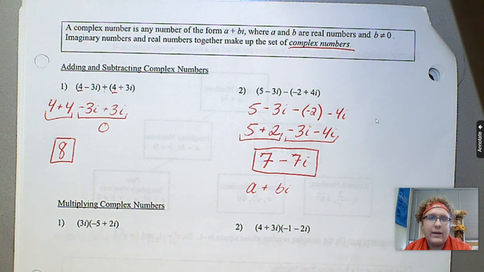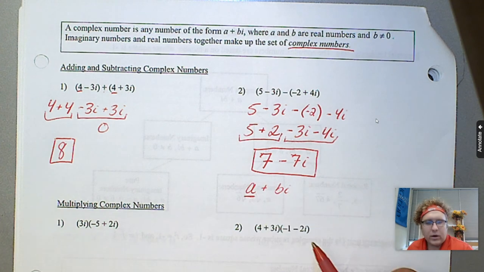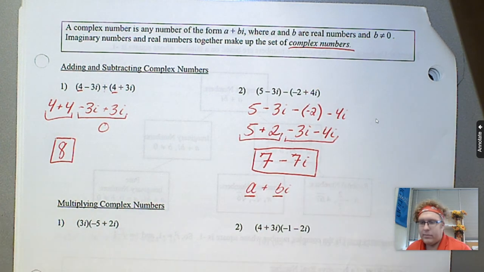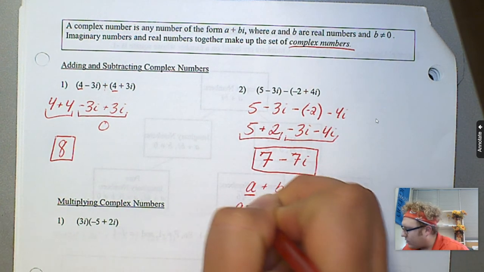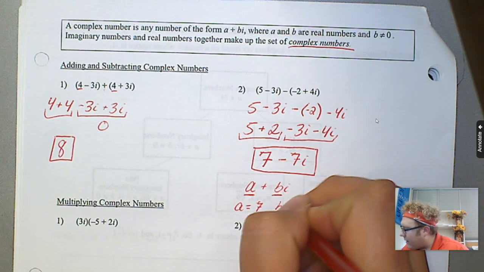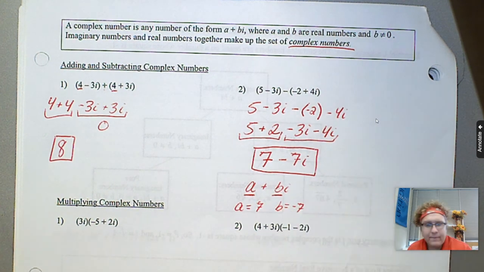So when we had a standard form of a polynomial, we wrote all the terms in order of their power of x or their degree. So we always had that cascading x cubed, x squared, linear, constant. So here, we're always going to write the real part first and then the imaginary part. So we would say that the real part is 7 and the imaginary part is negative 7i.